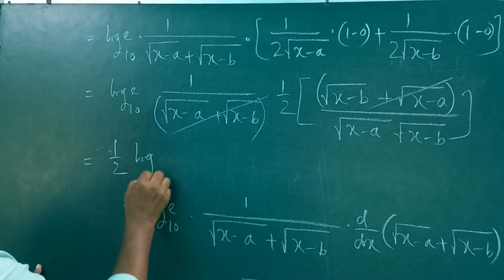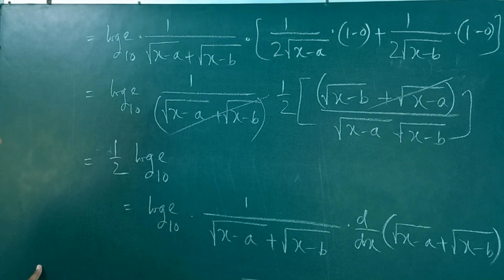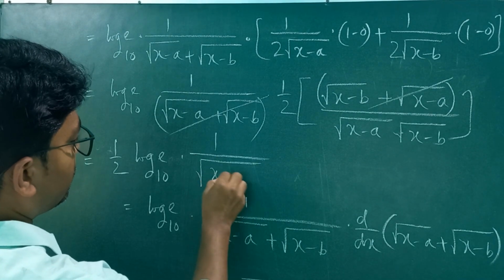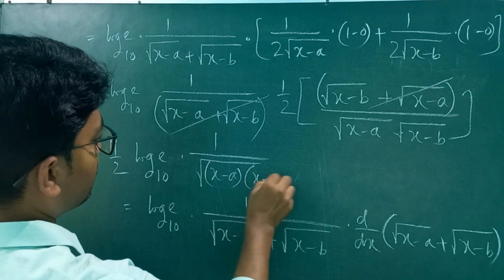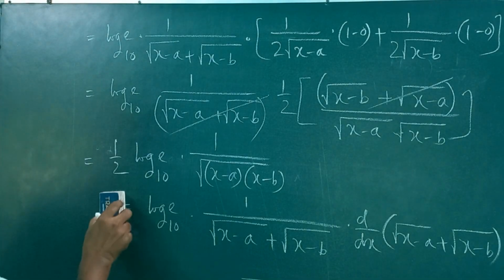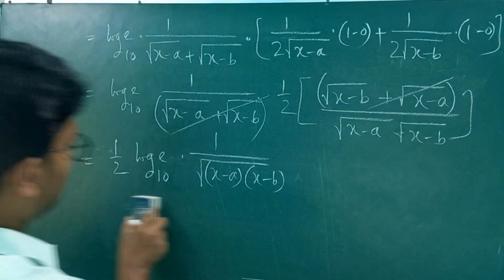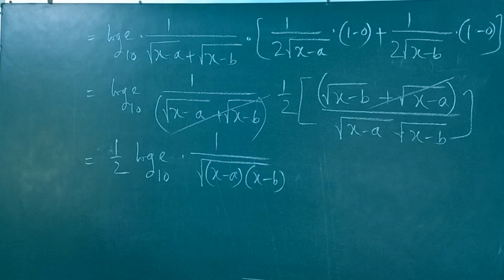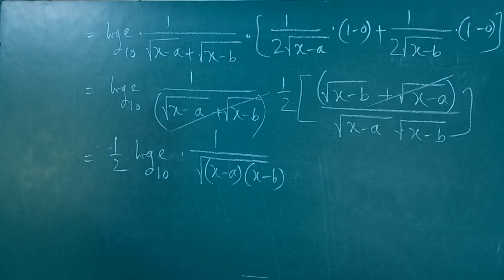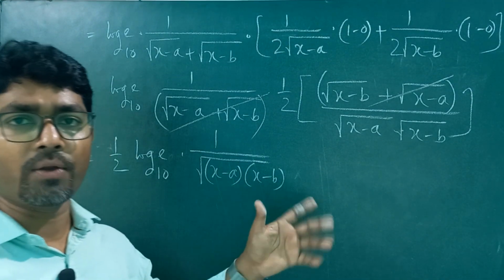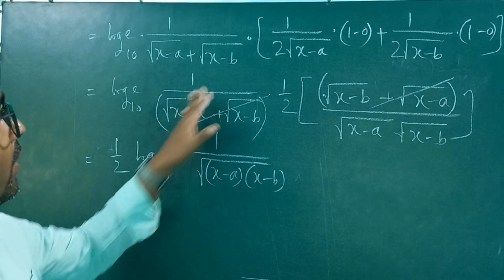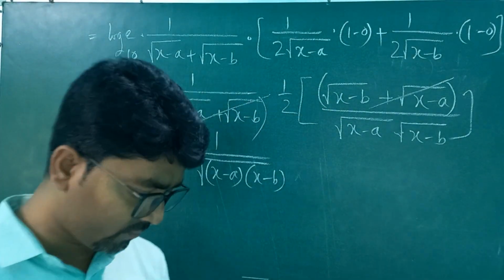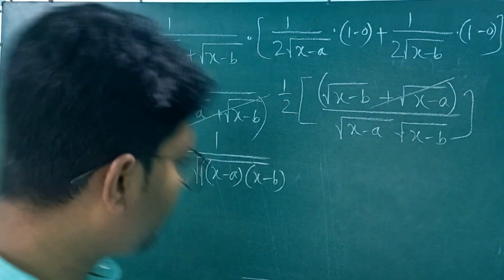Half log e base 10 times 1 by, you can write in this way, x minus a, x minus b. That is our result. So clear to everybody? How we can apply the chain rule and calculate it, and we get our desired result.